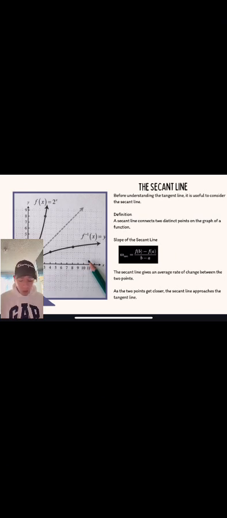The slope of the secant line is m_sec equals f(b) minus f(a) over b minus a. The secant line gives the average rate of change between the two points, as the two points get closer.